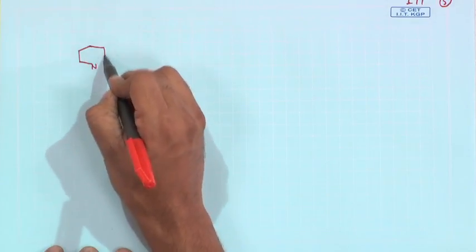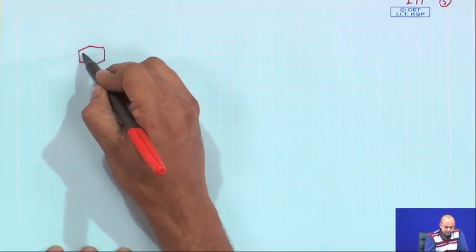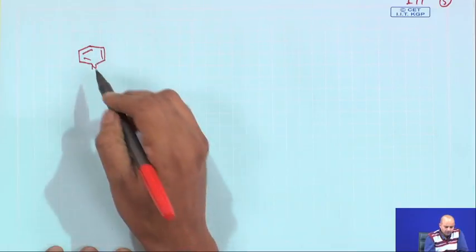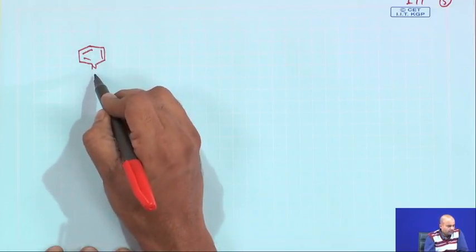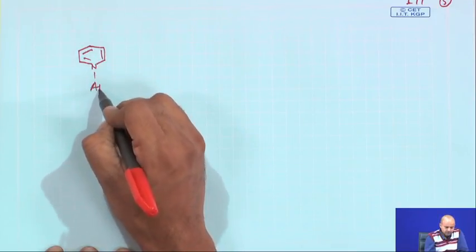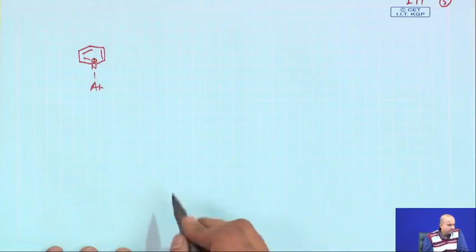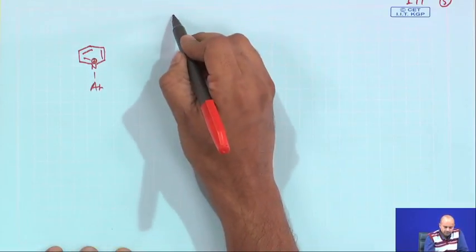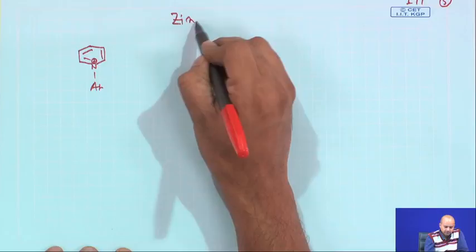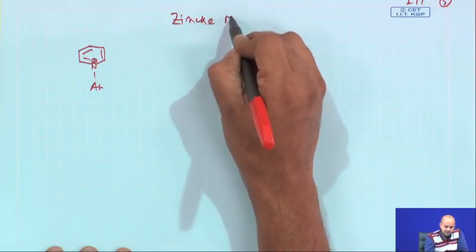We will try to give you a similar, very interesting reaction. This reaction is on a similar topic to what I have just explained, the chemistry of the iminium ion. This reaction is named the Zincke reaction.